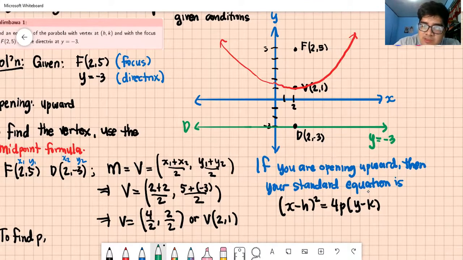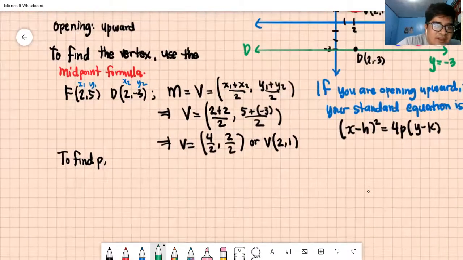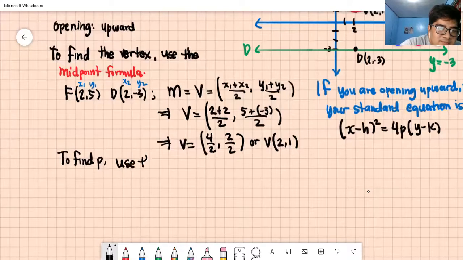So, what do we use? Correct. We use the distance formula. Ngayon, to find p, we use the distance formula. Very good. So, anong gagamitin natin?